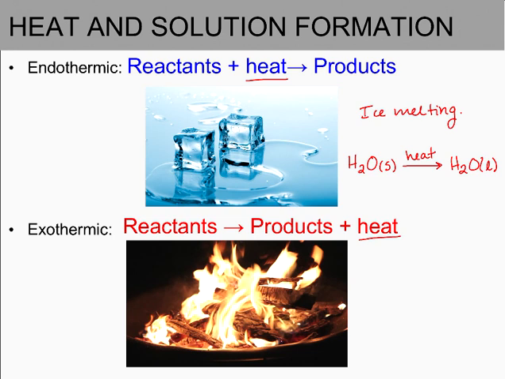So that would probably be a non-spontaneous process. But once the fire gets going, it does produce heat. So burning logs might not be spontaneous initially, but once the flames get going, then the reaction can become spontaneous. So you can have certain debates and discussions about whether something is spontaneous or not.